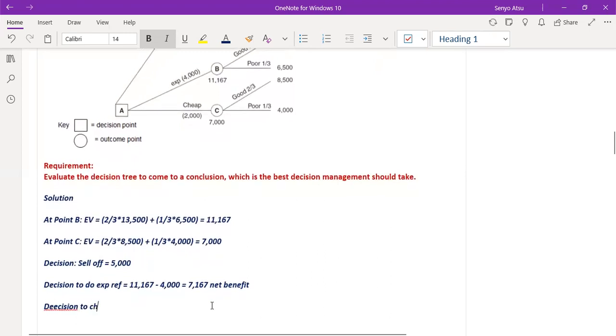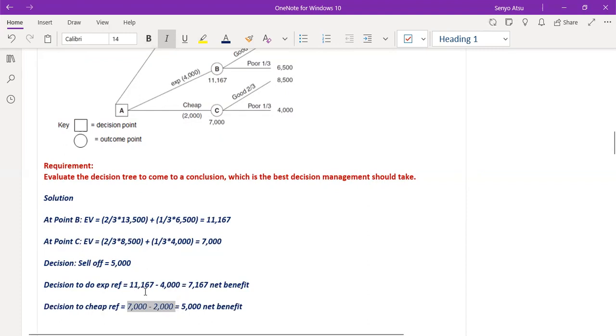Decision to do cheap refurb at point C gives us long run average profit calculated above of 7,000. But to get that, it will cost us 2,000 to do. We get a net benefit of that. So you see what? If you choose cheap refurb, the final result for you is a $5,000 net benefit.